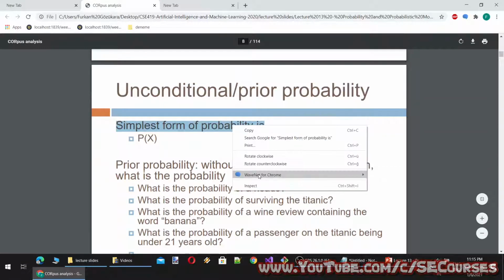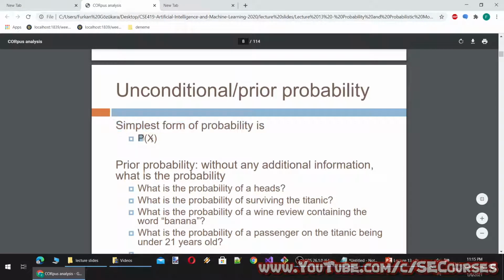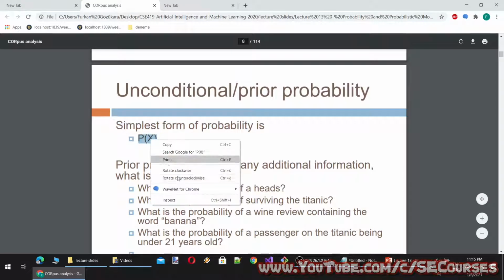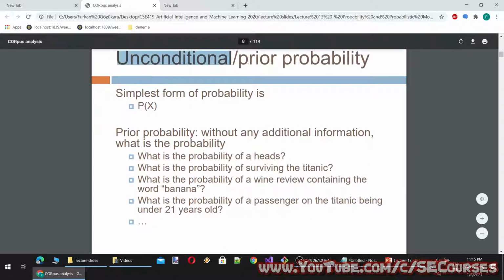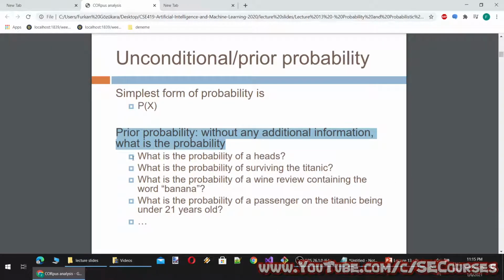Unconditional, prior probability. The simplest form of probability is P(x). Unconditional and prior mean the same. Prior probability: without any additional information, what is the probability?